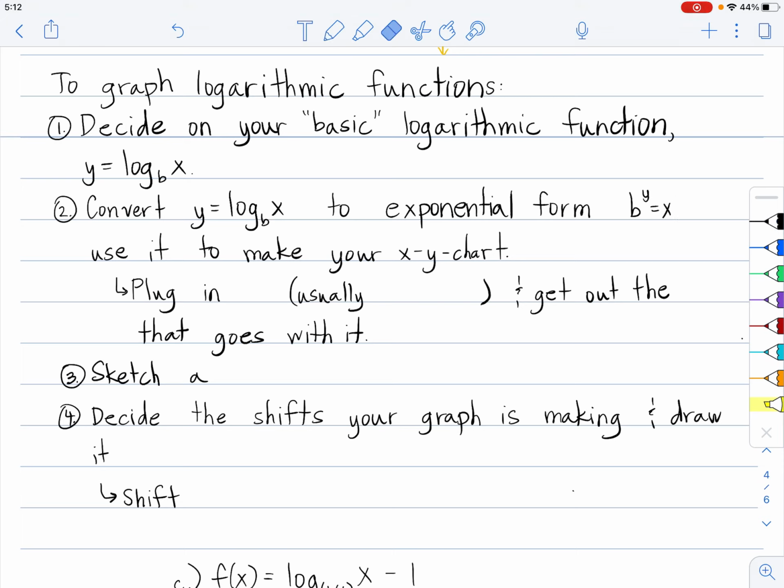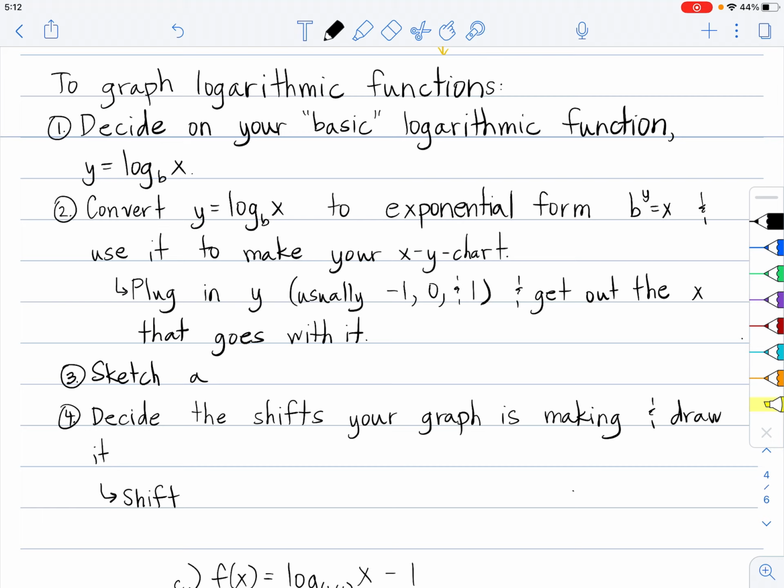I'm just going to scoot that over. Use it to make your XY chart. We're going to plug in y, which is kind of the opposite of what we normally do. Usually -1, 0, and 1. And get out the x that goes with it.